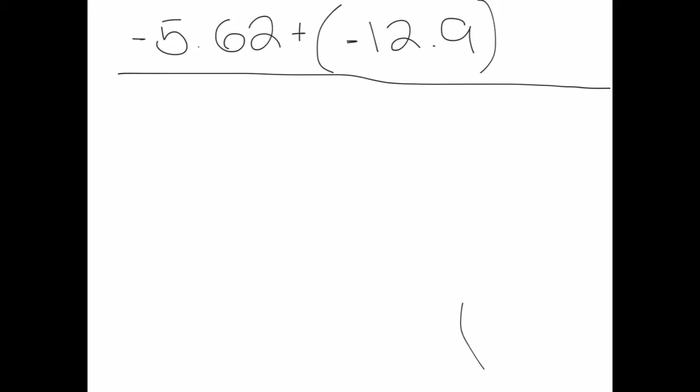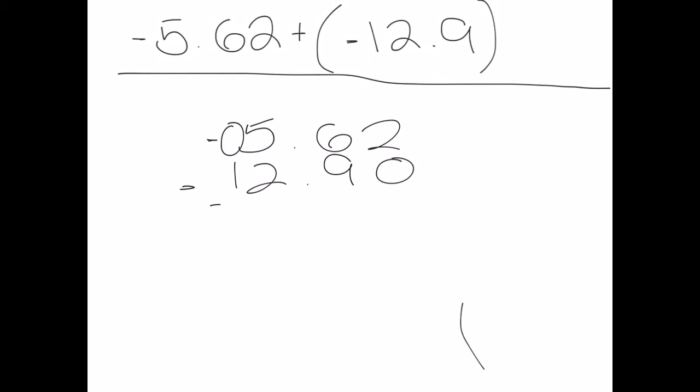To add negative 5 and 62 hundredths and negative 12 and 9 tenths, you must first line up all of your decimals. And you use zeros as placeholders, so 0 is going to be negative 12.90, then another 0 for placeholders, and we'll add.